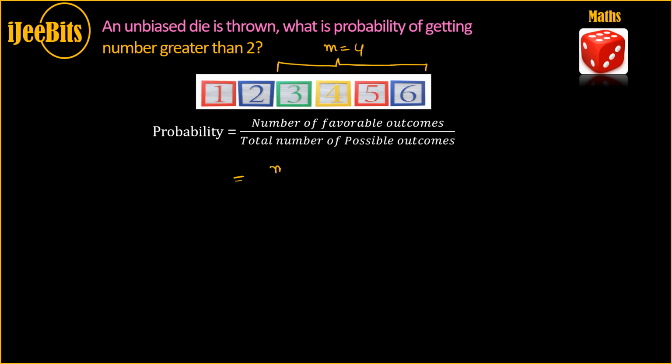Probability means m by n. M means favorable outcomes, which are 4. The total is n equal to 6. So 4 by 6, which is 2 by 3.